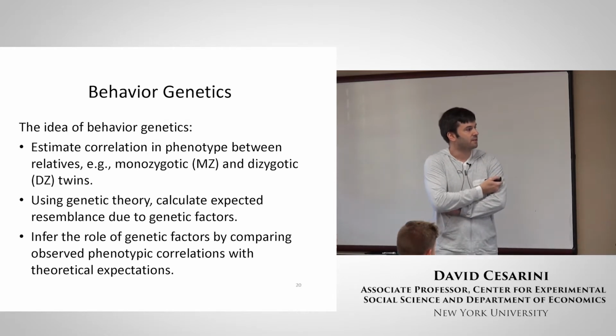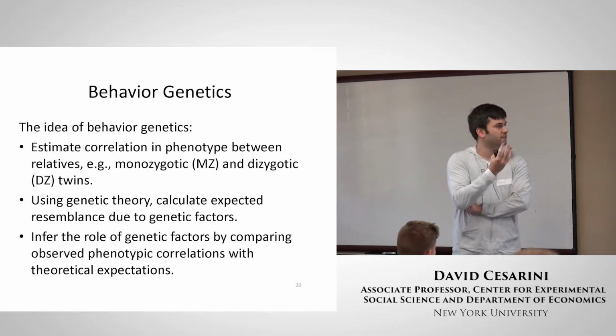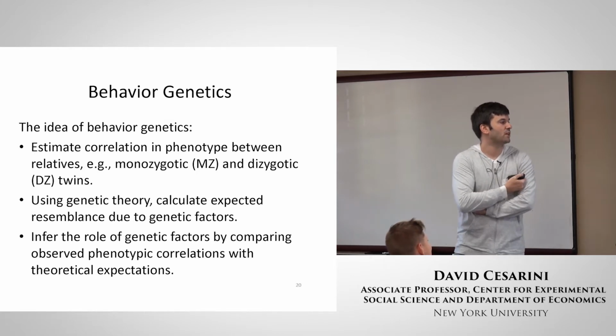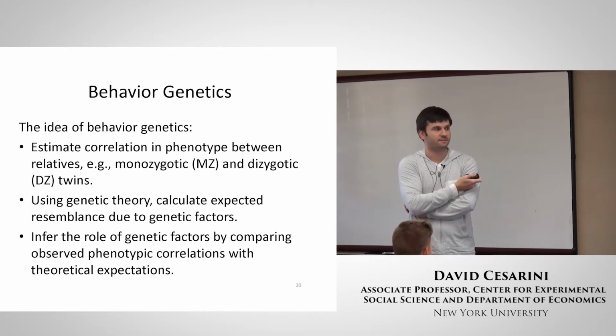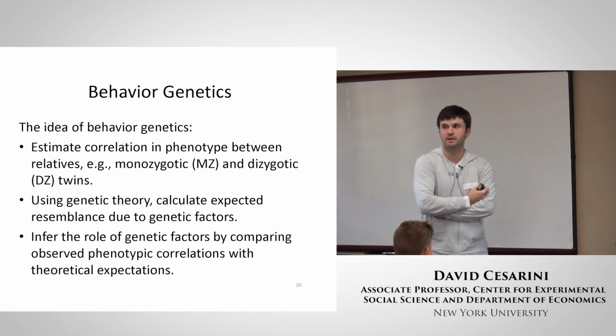Then you can use some genetic theory to calculate the expected resemblance between these different types of pairings of relatives under some assumptions. And then you can try to infer the role of the genetic factors by comparing the observed phenotypic correlations with these theoretical expectations.